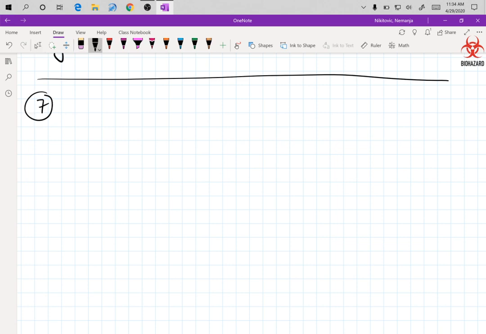Problem number 7 has x double prime plus x equals cosine 3t. They say that x of 0 is equal to 1 and x prime of 0 is equal to 0. All right. We don't have the prime in this case. We have the double prime only.